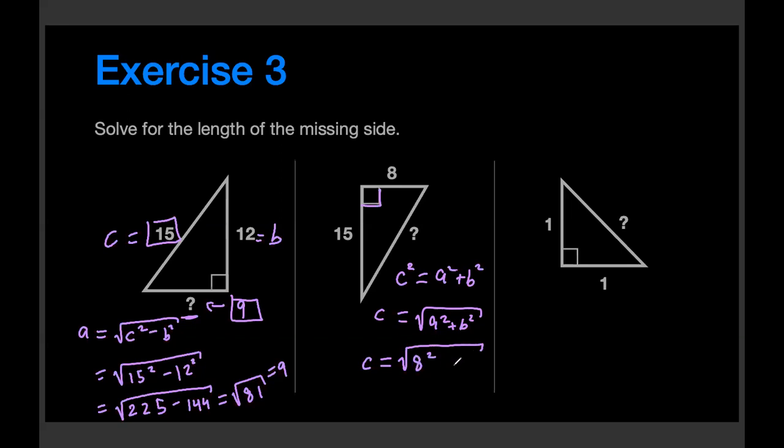It doesn't matter which one I call A and which one I call B, because they're interchangeable. 8 squared plus 15 squared. What's 8 squared? 64. Perfect. What about 15 squared? 225. Perfect.